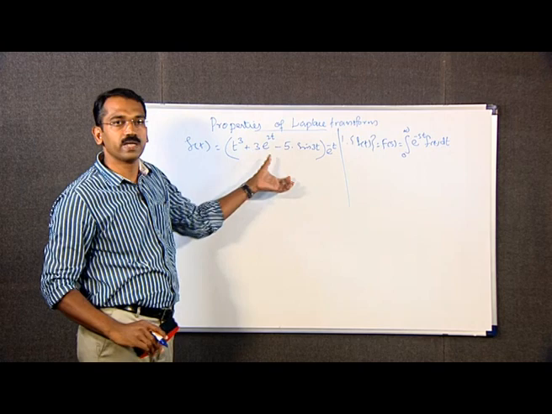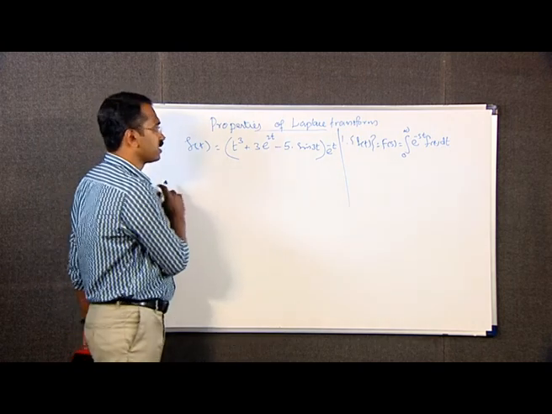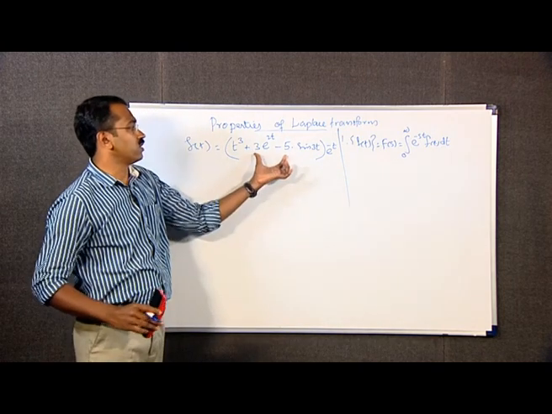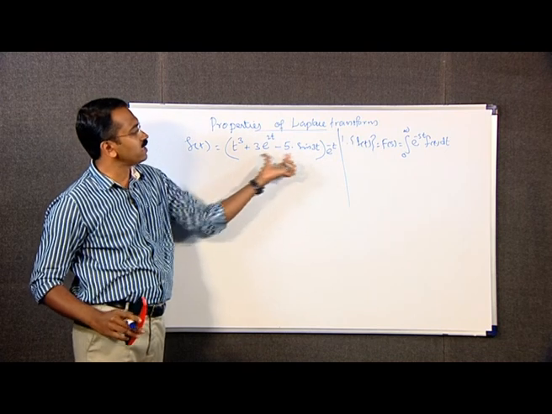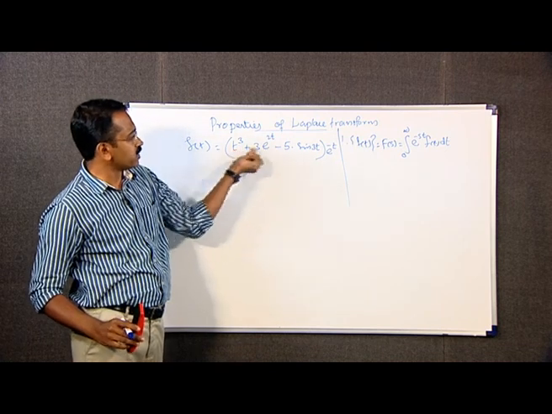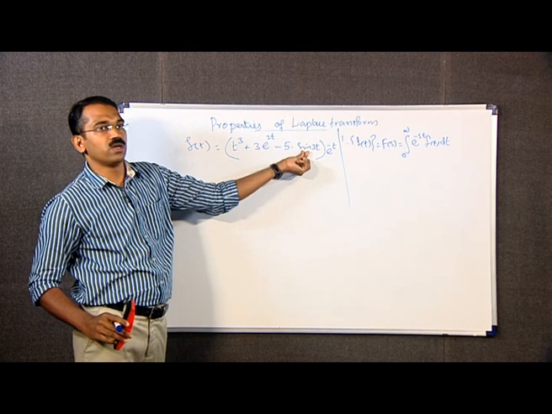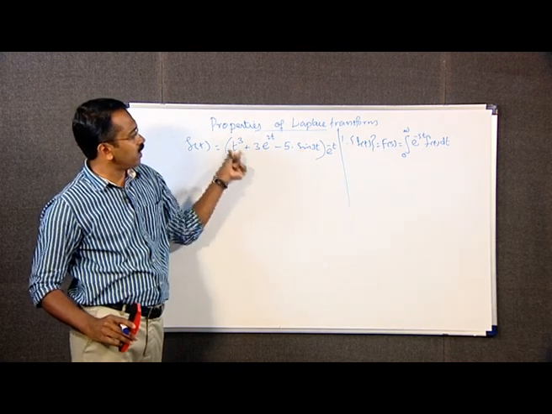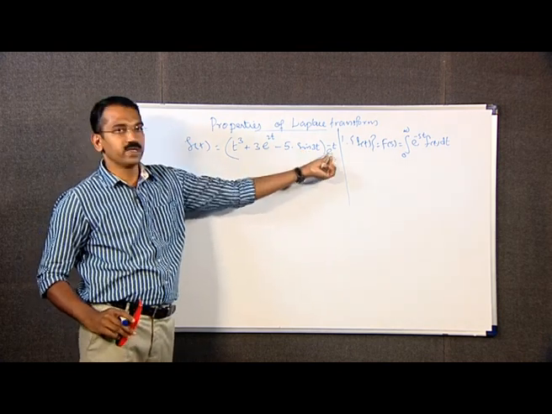We have to find the Laplace transform of this function. That is, a combination of algebraic function, exponential function, and trigonometric function, and it is multiplied by e raised to minus t.